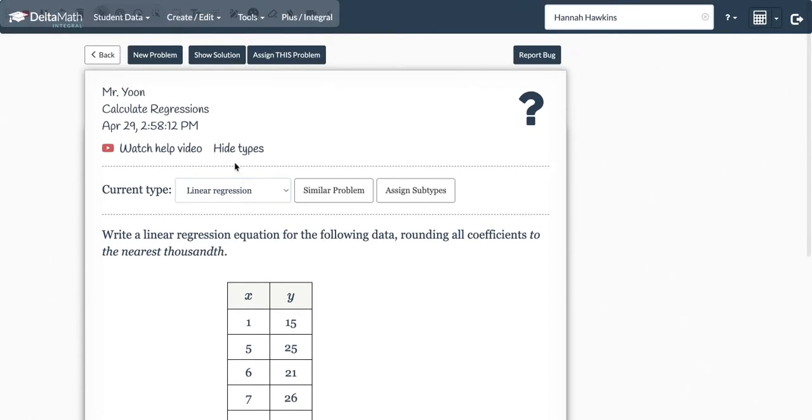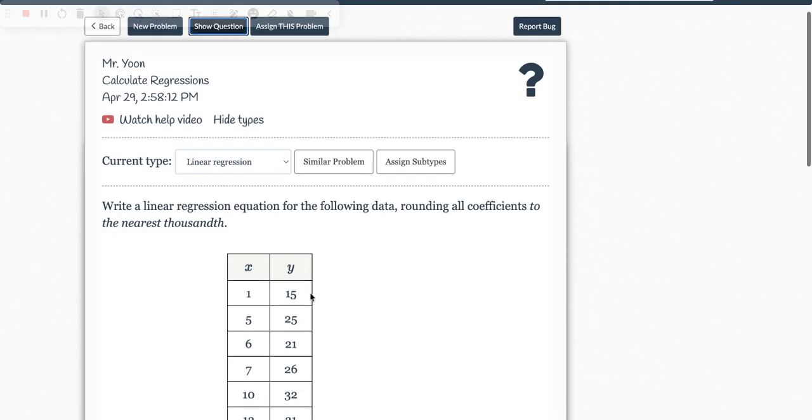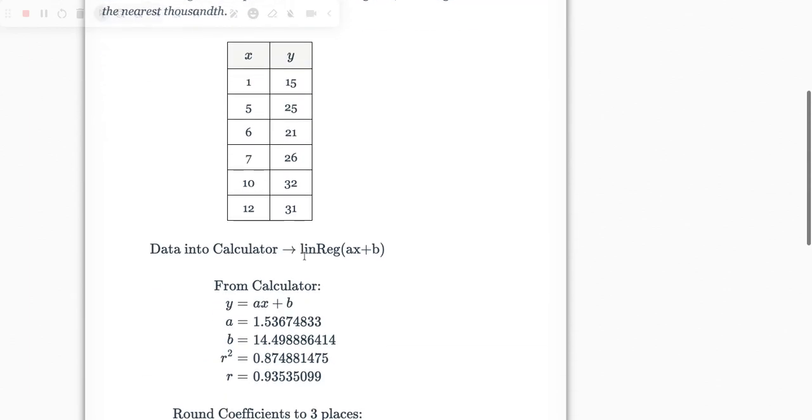From that menu, you're going to choose linreg, ax plus b, that's slope intercept form, slope A and B for the y-intercept.